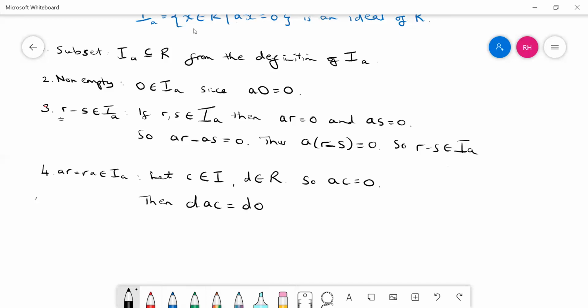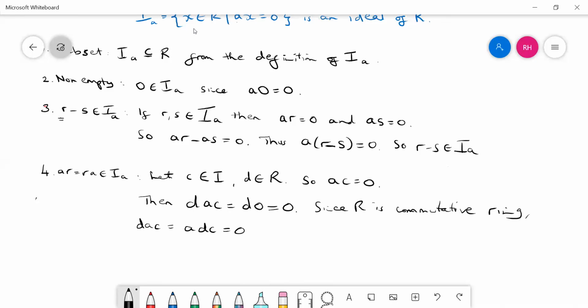I just multiplied on the left-hand side by D, and that actually, I can just write that equals 0. Since it's a commutative ring, what follows, DAC equals ADC equals 0.